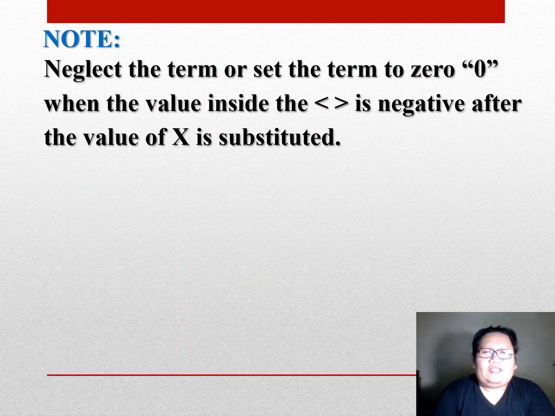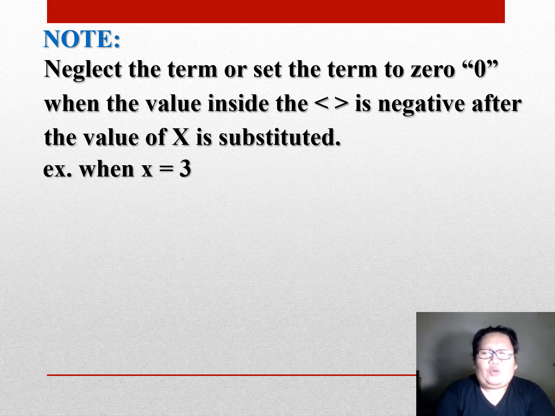Also, neglect the term or set the term to 0 when the value inside the broken or pointed bracket is negative after the value of x is substituted. So again, kung negative ang inside sa pointed bracket, ang buhaton nato is set to 0 ang term. How?